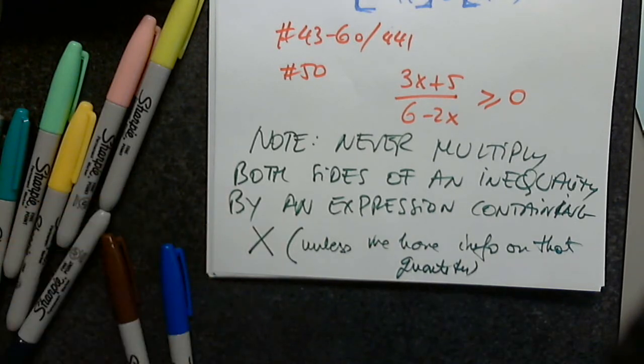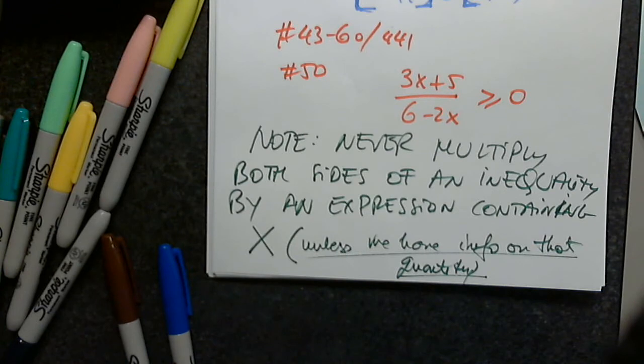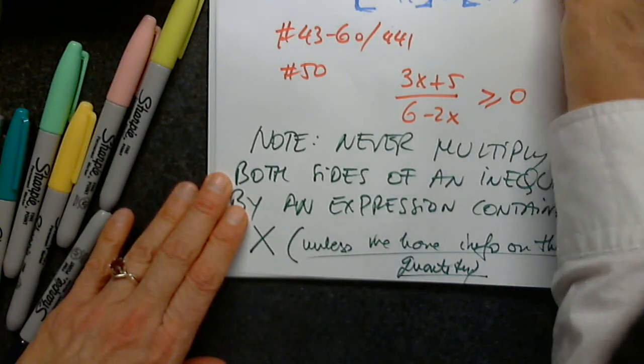I have to be exact. If you tell me that 6 minus 2x is never 0 and always positive, I'll say fine. Then I can get rid of it. So I put this portion in so you know that in certain conditions, I may do it. But in general, do not.